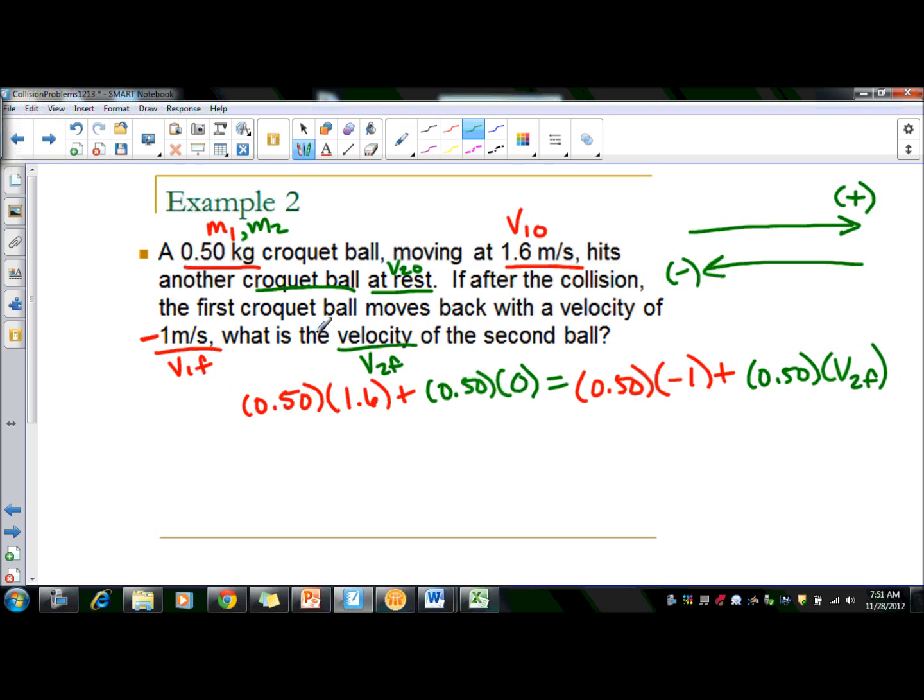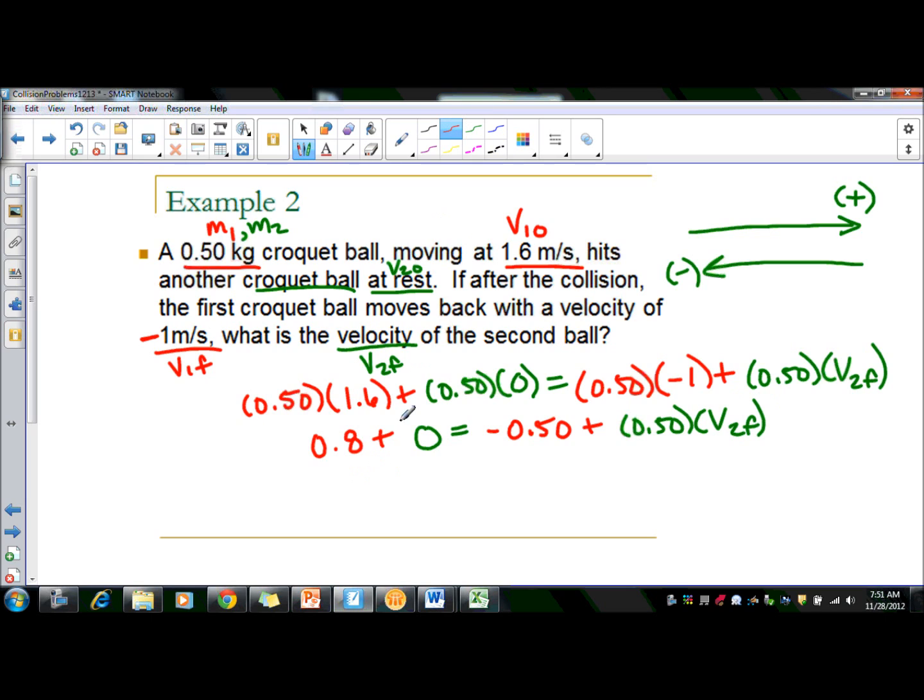That's what we're looking for. All right, so 0.5 times 1.6 is 0.8 plus 0 equals negative 0.5 plus 0.5 times V2F.